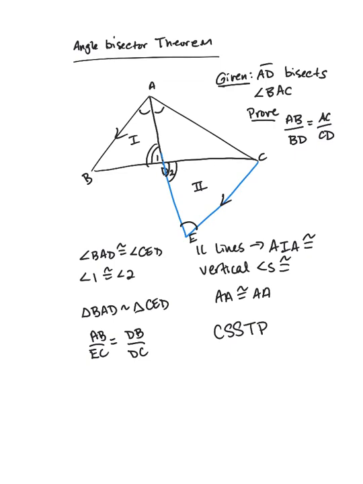And, all right, when we extended this angle bisector and drew the parallel line, we wanted to complete this triangle, but we completed it so that these sides are congruent.